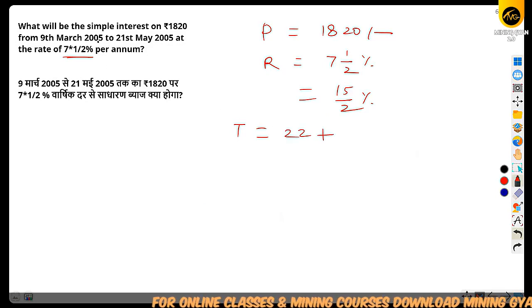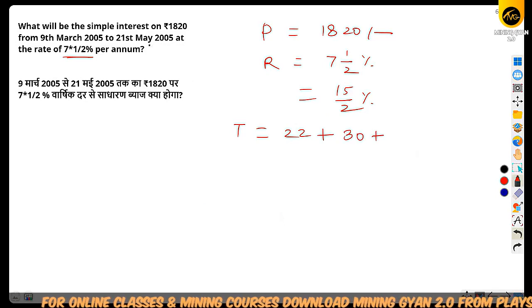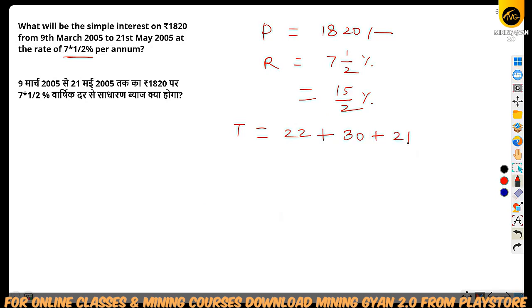Now April is again 30 days, and for May, 21 days. Now just add these numbers, 22, 30 and 21, that is 73 days again. Now it's simple, 73 by 365 is 1 divided by 5, the time duration, 1 divided by 5 year.